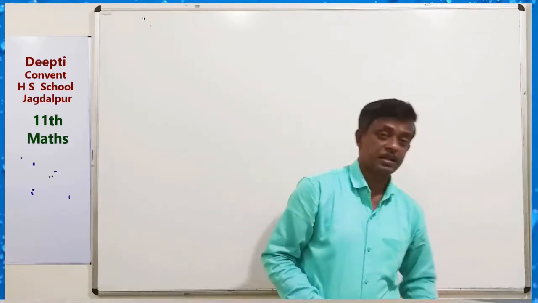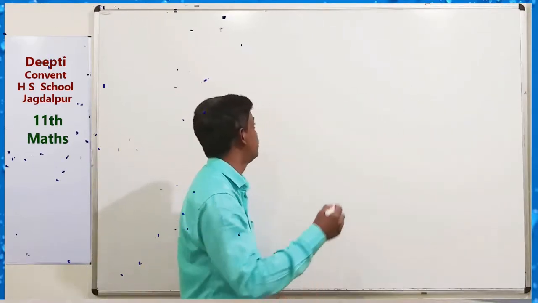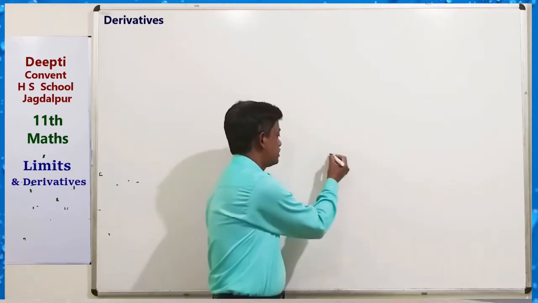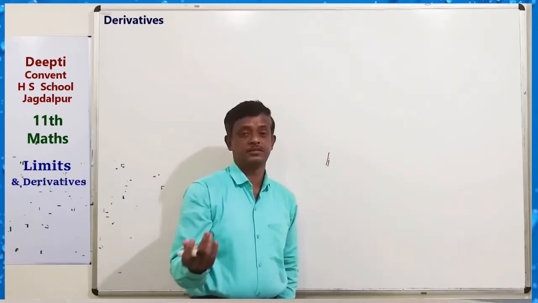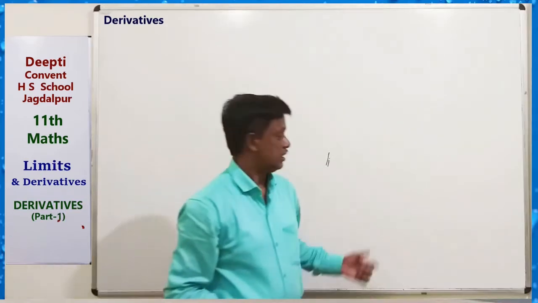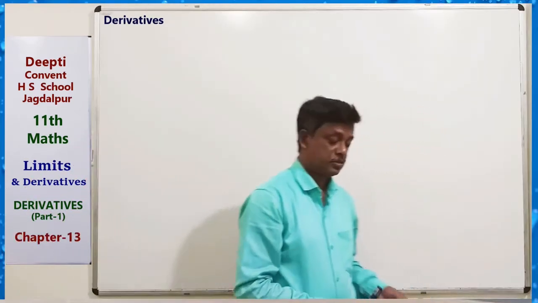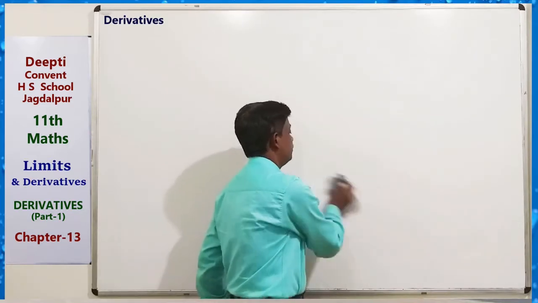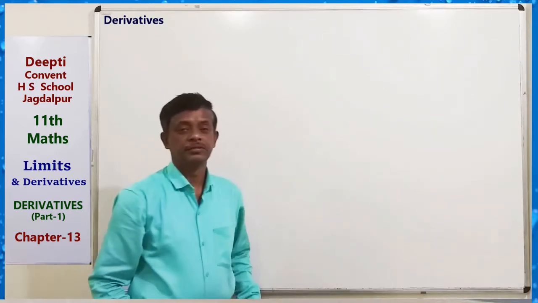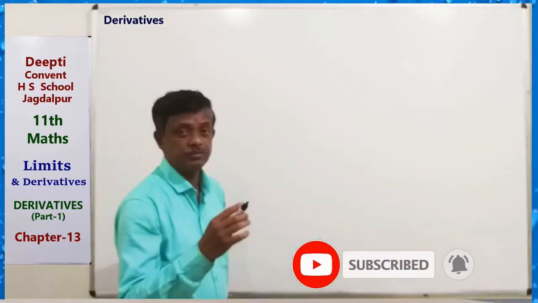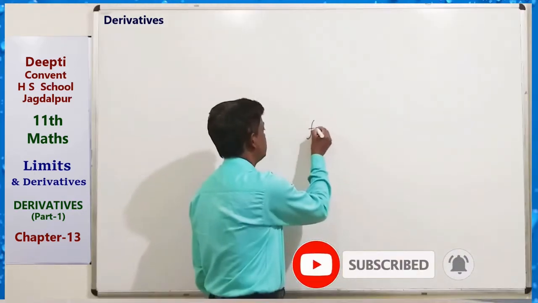In the previous class we saw the limit of a function. The limit of a function may exist or may not exist at some point. Derivatives are also related to finding a limit. Suppose we have a function f(x).